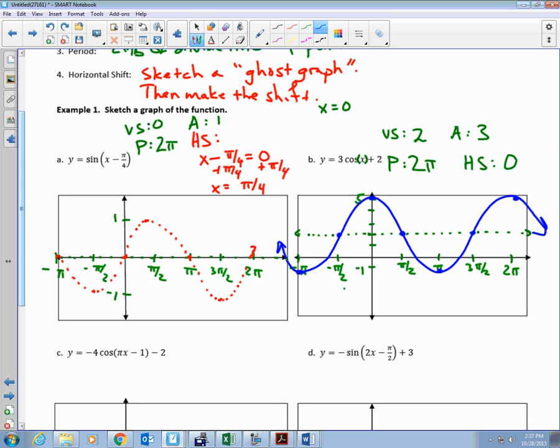And now I will make the horizontal shift. Pi over 4 is how much of a tick mark? It's half of a tick mark, because half of pi over 2 is pi over 4. So I'm going to move all of these points half of a tick mark to the right. I'm shifting everything horizontally.